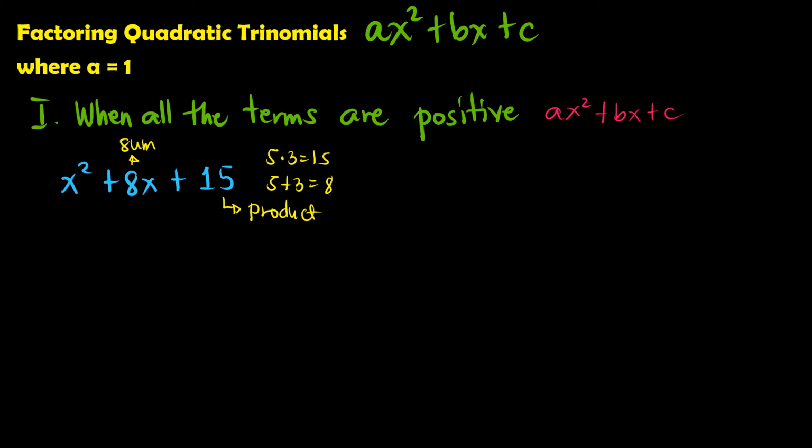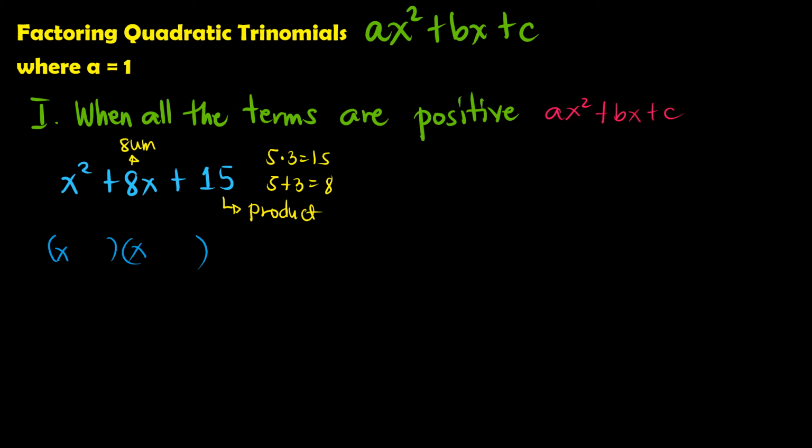Ngayon, paano isusulat yung factor? So, when we are writing the factor of the quadratic trinomial, i-express natin siya as dalawang parentheses. And then, you take a look at the first term, si x squared. Ano ba yung pwedeng ipag-multiply that will give you x squared? Siyempre, that is just x times x.